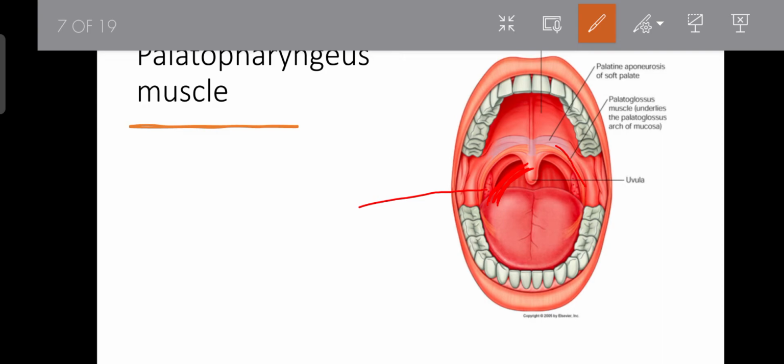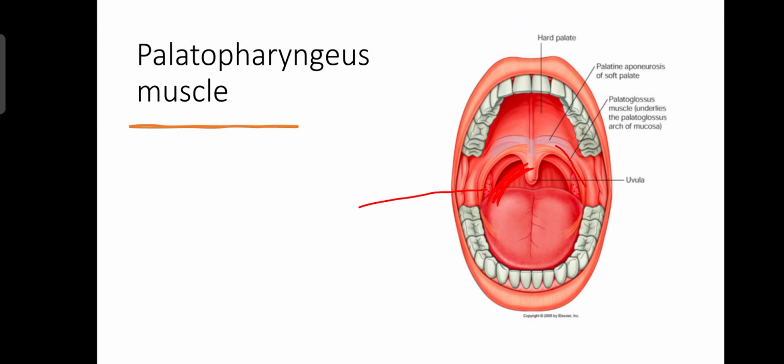So the palatopharyngeus muscle forms the palatopharyngeal arch and the posterior pillar of the fauces, but the palatoglossus muscle is in front of the palatine tonsils and forms the anterior pillar of the fauces. Fauces means the throat.